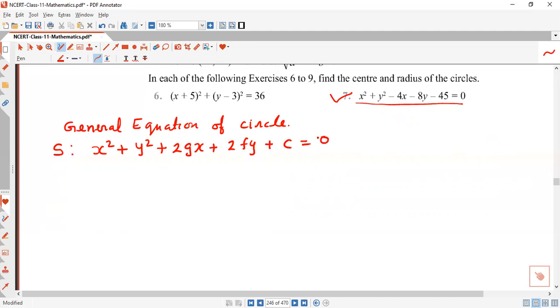This is the general equation of a circle. Remember always, the coefficient of x square and y square must be 1.